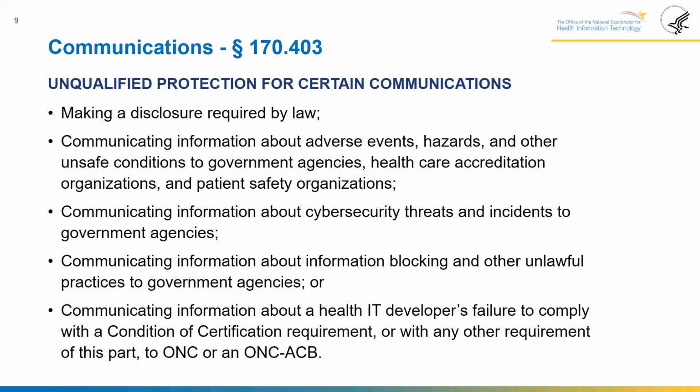Obviously, with this rulemaking, an important thing is whether or not there is any information blocking occurring or any other unlawful practice. I think it's pretty apparent why there's a heightened concern with making sure those communications aren't restricted. But we identified who those communications had to be made to for them to remain in the category of unqualified protection.